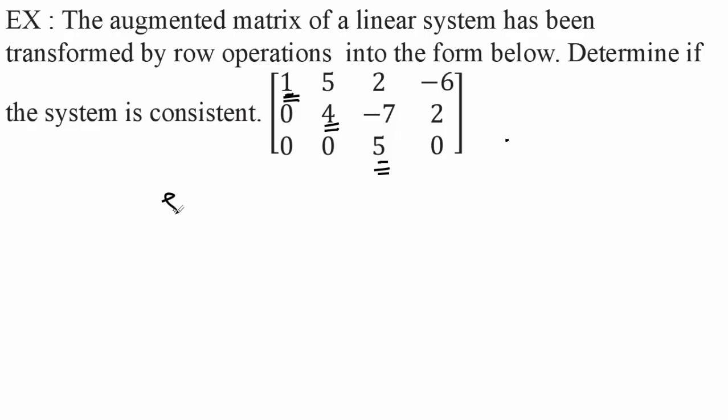Therefore, rank of A equals 3. Now, considering the whole augmented matrix, there are also 3 rows. In the first row there is a leading element 1, in the second row this leading element, and in the third row also this is the leading element. Therefore, rank of augmented matrix AB is also 3. And as rank A equals rank AB, the system is consistent.